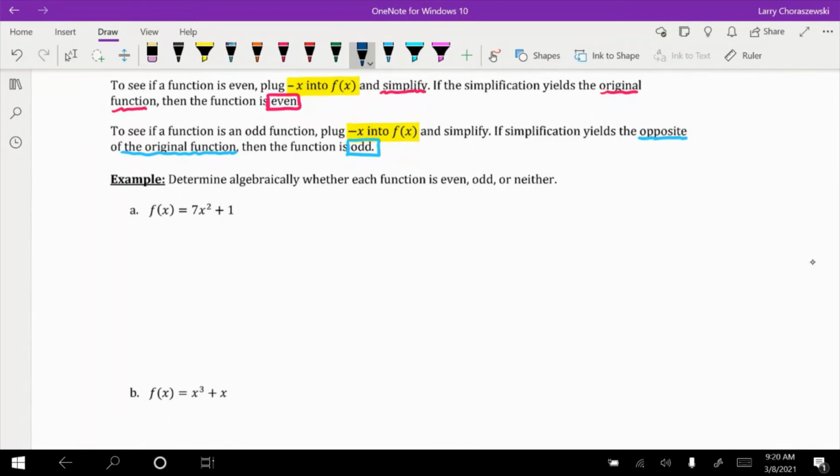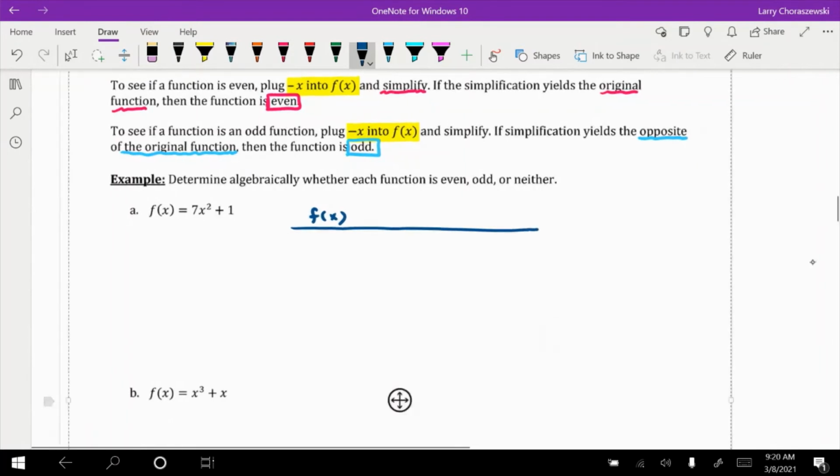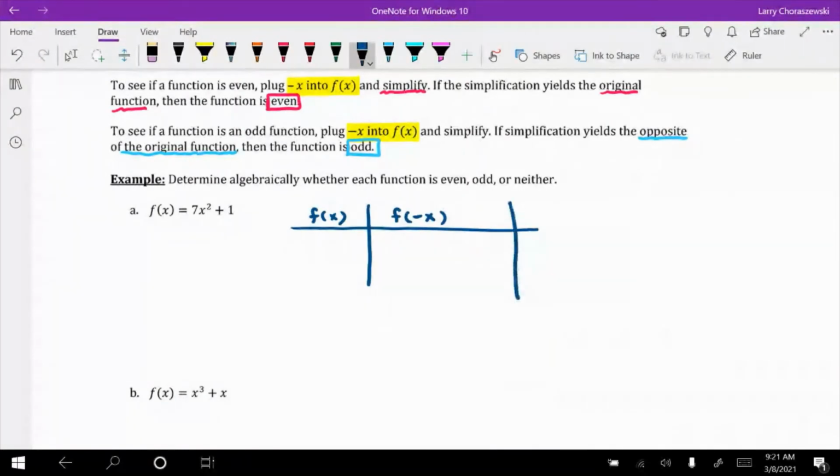The first column, I'm going to head it with f of x. The second column is going to be a workspace for f of negative x. And then the third column is going to be a workspace for the opposite of the original function, so negative f of x.